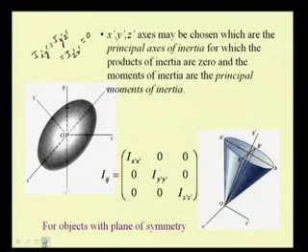So, for shapes which have planes of symmetry, say in this case you see a cone which has two planes of symmetry, say the plane containing A prime A and O, and the plane containing B, B prime and O are the two symmetrical planes. So, these two planes define the principal axes of inertia.